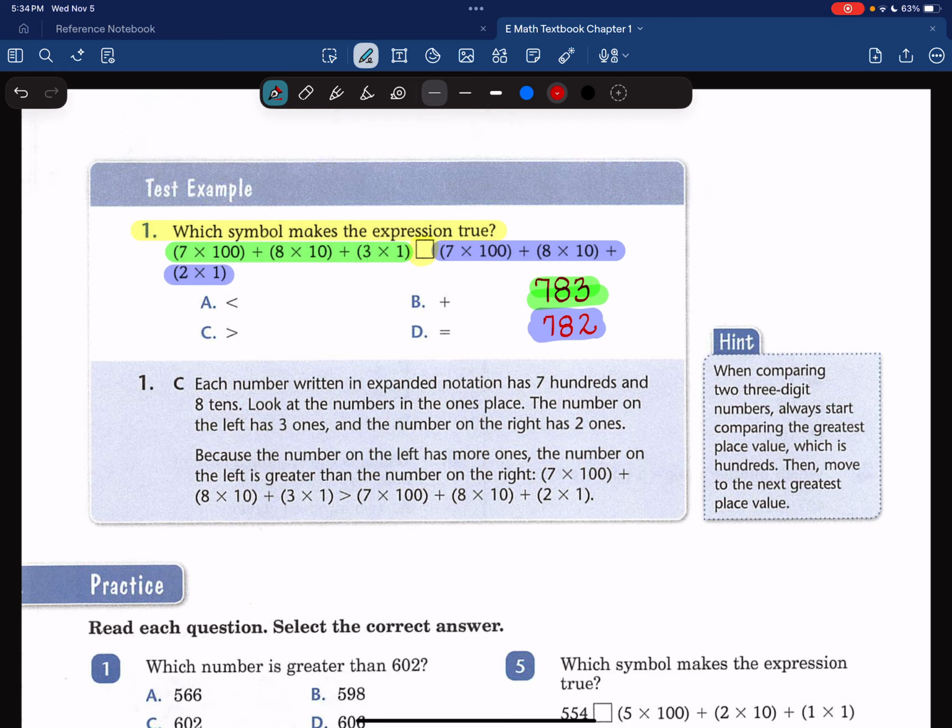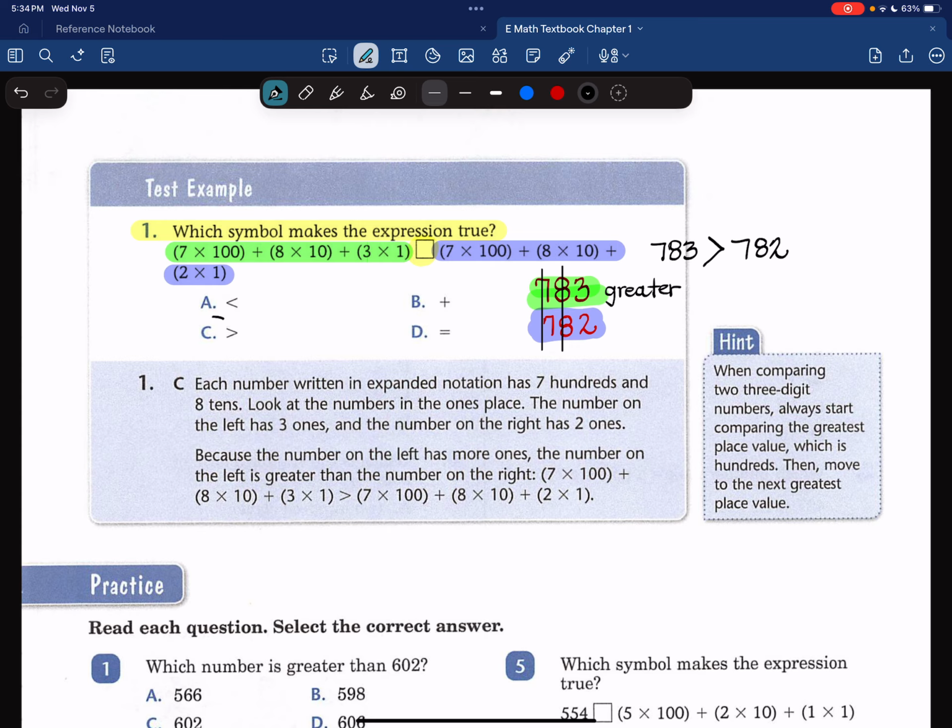And then I can compare. The 7s are the same. The 8s are the same. And in this one, this is the greater number. 783 is greater than 782. So we want our alligator to eat the bigger number. 783 is greater than 782.